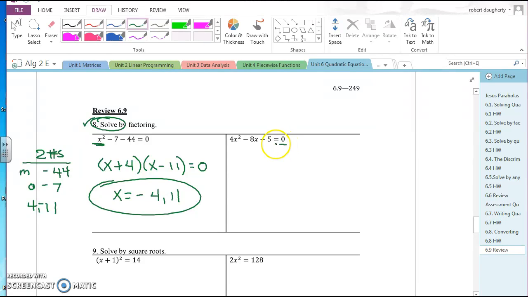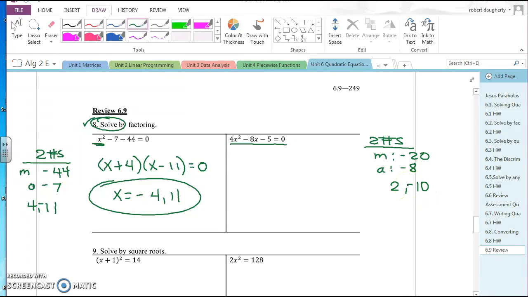Next one, a little bit different. When you solve an equation where the number in front of the x squared is not 1, now I'm looking for two numbers. Those numbers will multiply to give me a negative 20. Those numbers will add to give me a negative 8. So those numbers are going to be, I think, 2 and 10, with the 10 being negative.